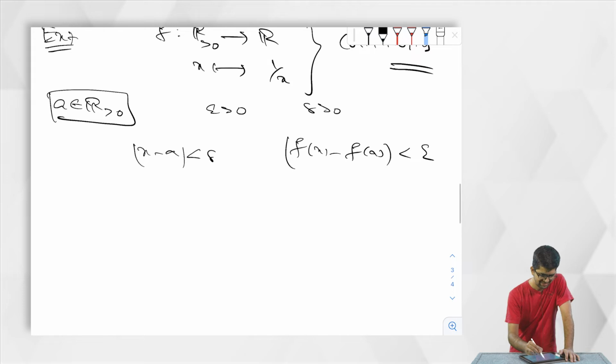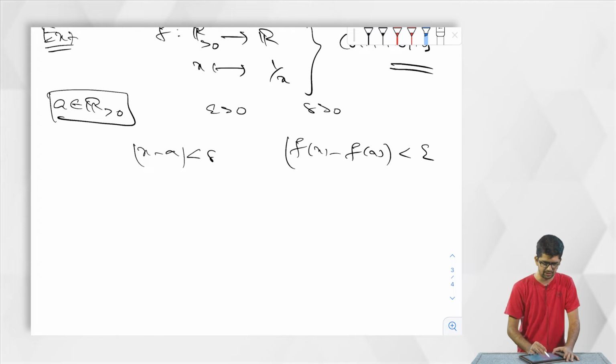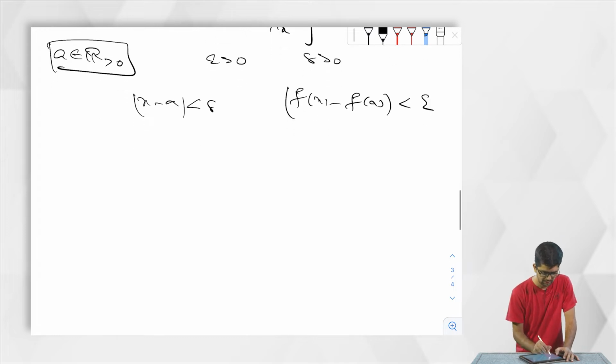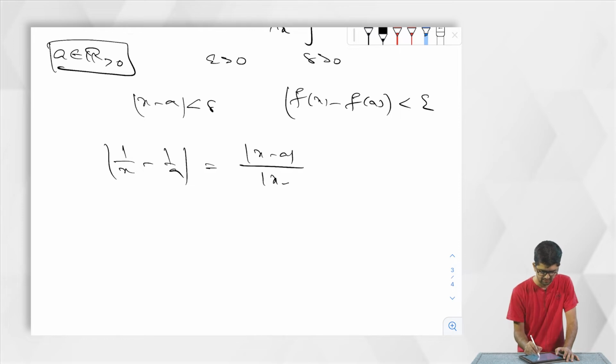Now let us just replace fx by 1 by x, fa by 1 by a, and see how far we can reach. So 1 by x minus 1 by a is the same thing as x minus a by x a. Because x and a are both positive, one can actually get rid of this mod unnecessarily.